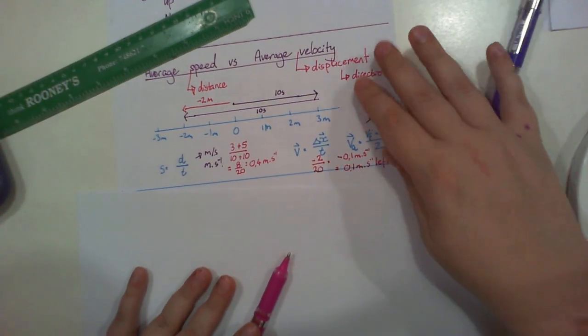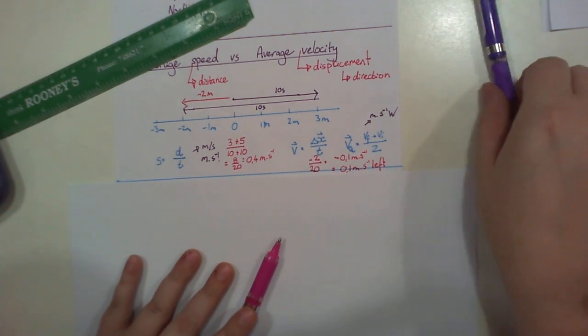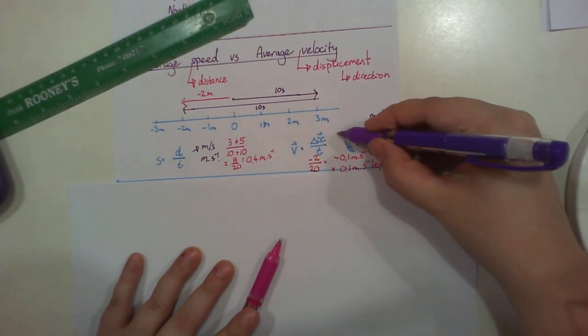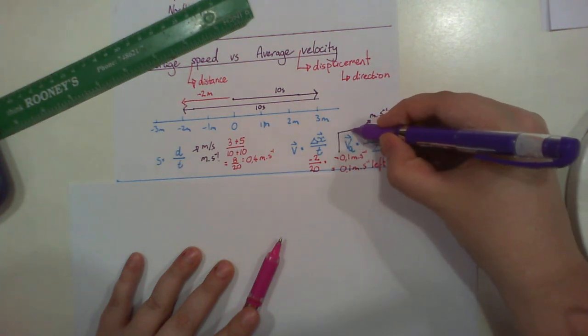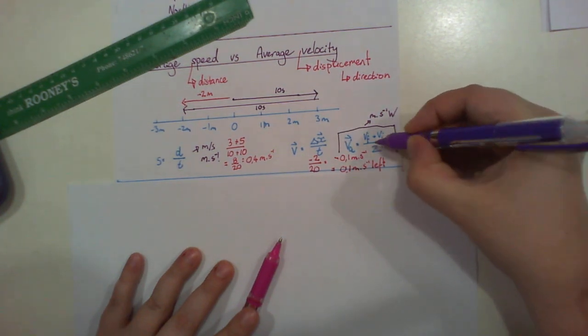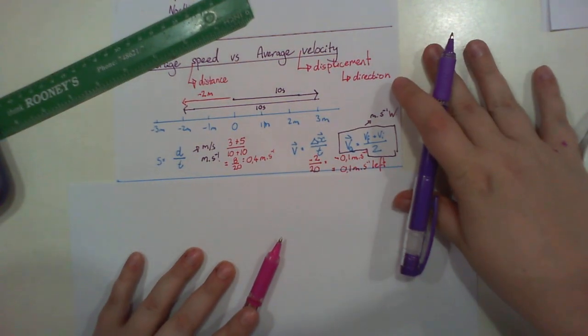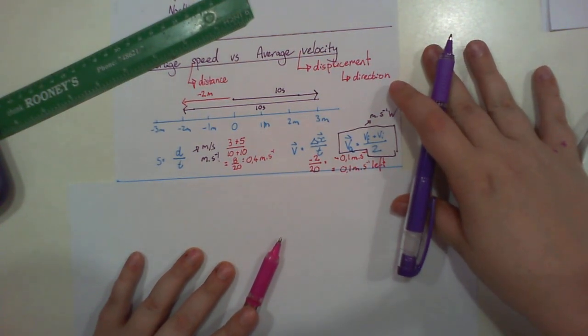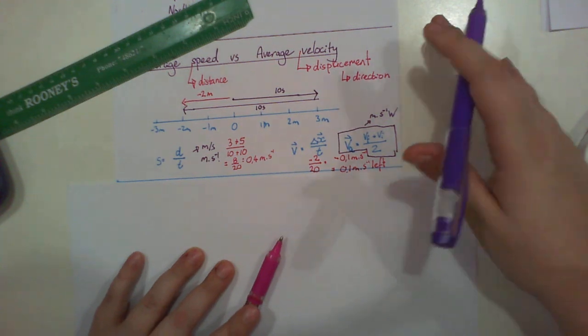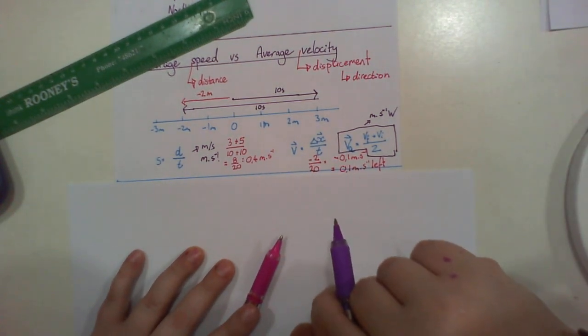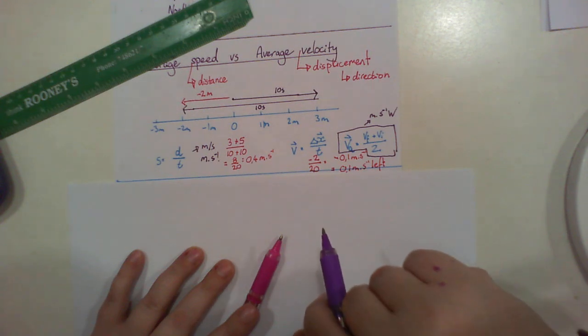Good. So let's talk a little bit about average acceleration. Average velocity here. Sorry, this is average velocity. Average velocity works the same as just any average. This is assuming, of course, that your acceleration is constant.